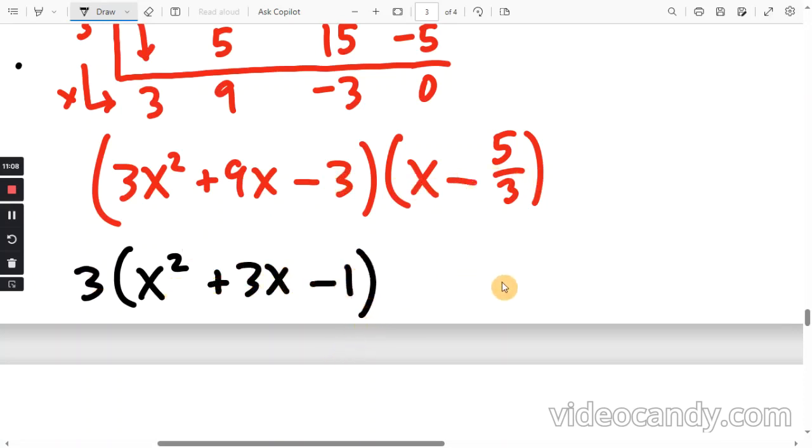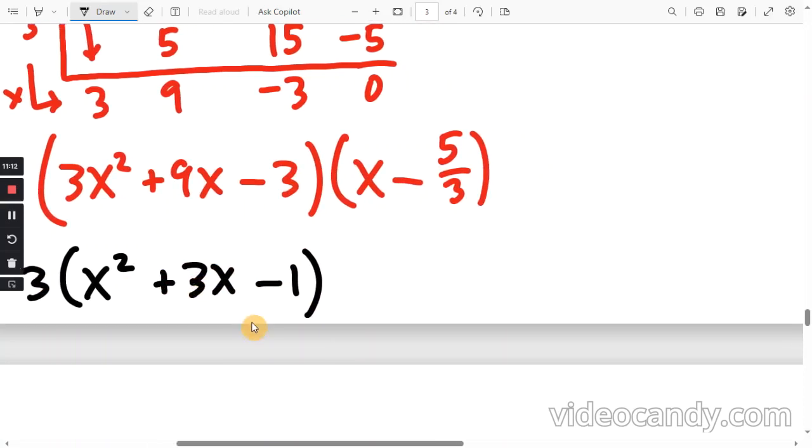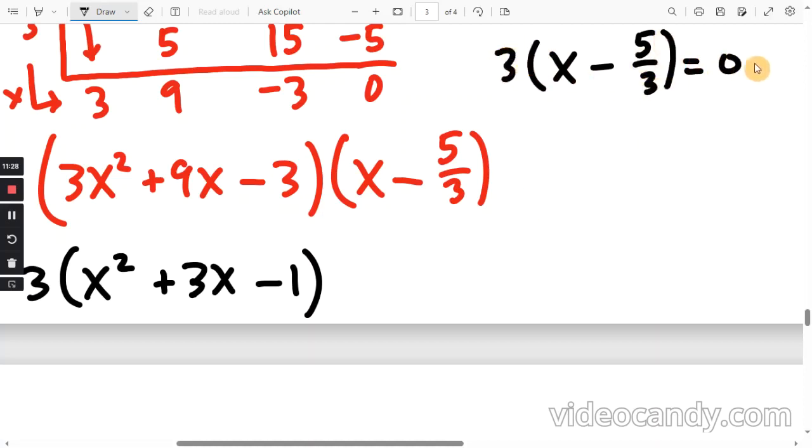Now for this right here, we don't want fractions. All right, but there's an easy trick. If you have x minus 5/3 equals 0, and you want to get rid of the denominator of 3, you just do times 3 on both sides. So this is times 3, and the 0 is times 3.